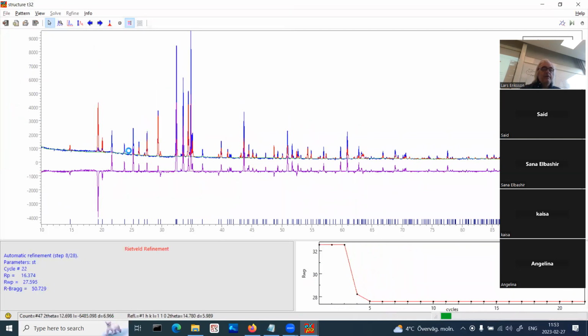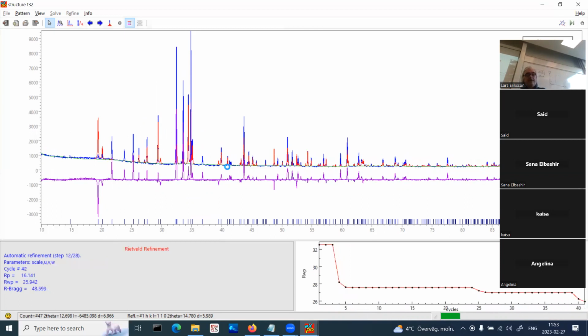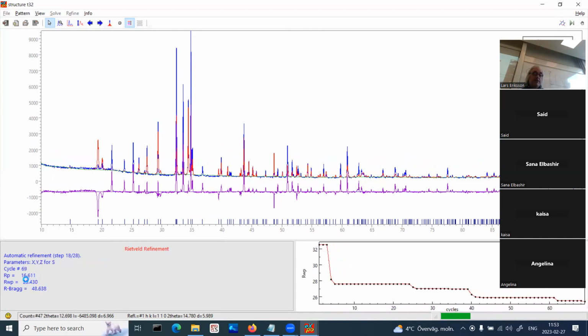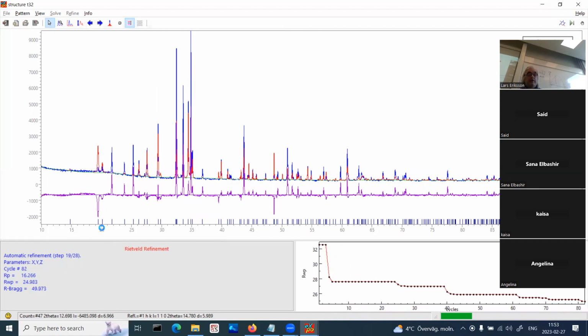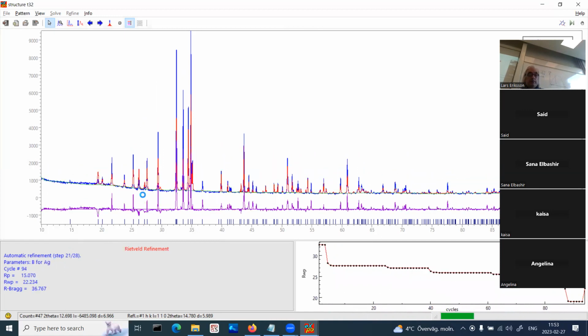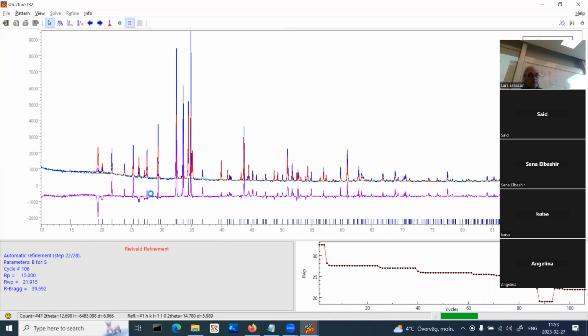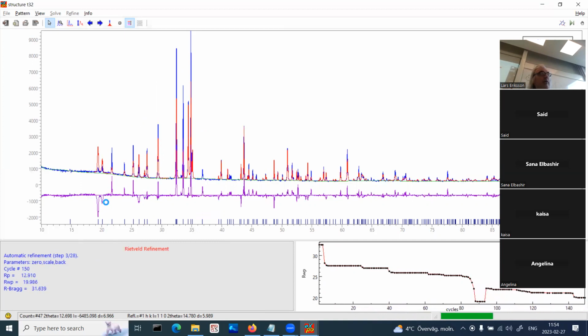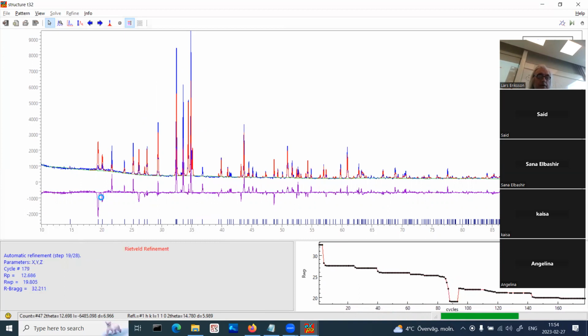Yeah, now there is some deviation, quite large. And the overall fit is still quite good, 16% profile R value. Don't go too good. Yeah, there are definitely peaks that are too low and make up a large residual peak.